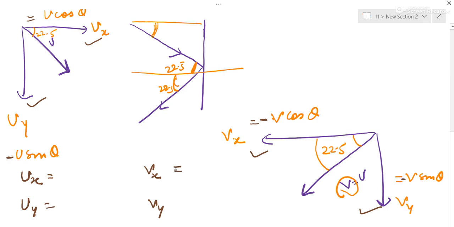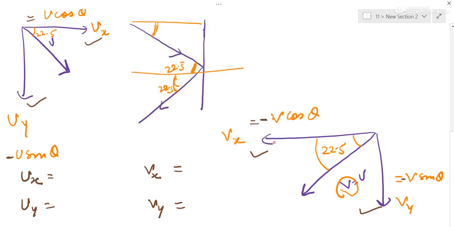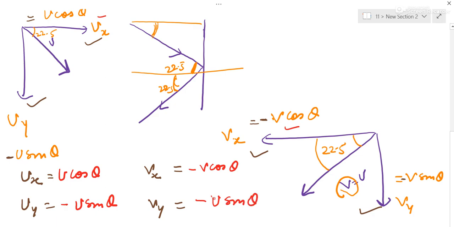Now I'll write the components with sign. So just check: this is positive u cos theta, this is minus v cos theta, this is minus u sin theta, and this is minus v sin theta.